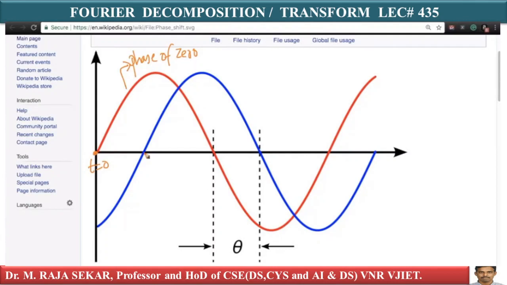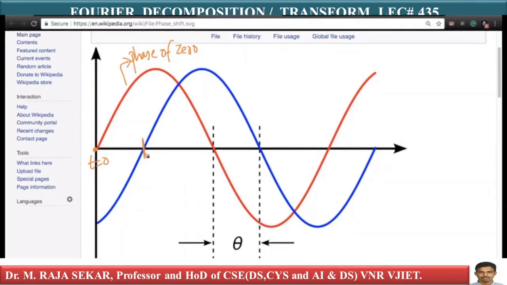If you take the blue wave, it is 0 at somewhere here. At t equal 0, the blue wave has got some value.